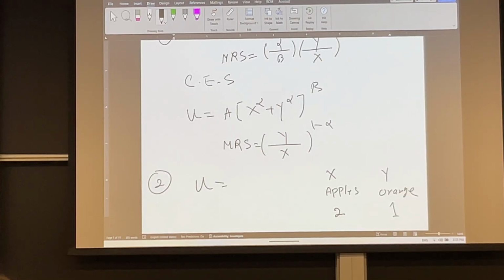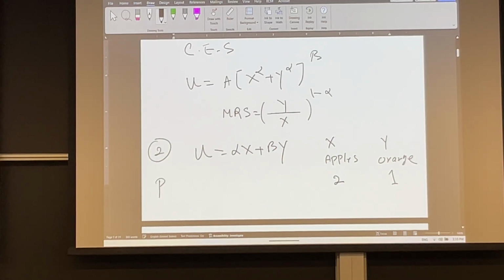That looks like a straight line. Make sense? A straight line looks like this one. Straight line. Make sense? That's the function that we call the perfect substitute. The MRS for it is alpha over beta. I'll explain what the state case is in a minute.